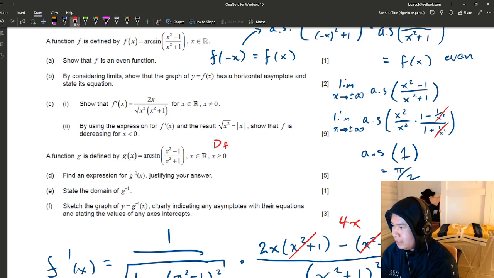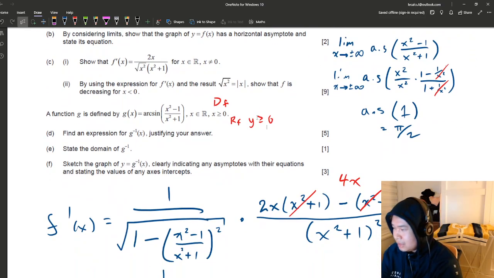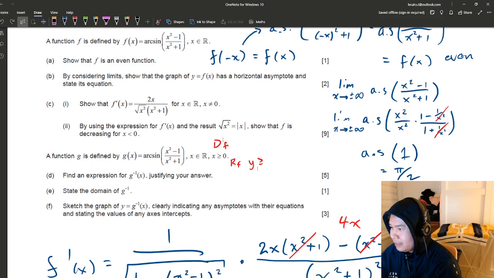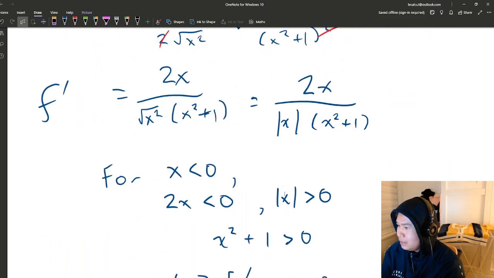Domain of f, which means that the range of f is going to be positive numbers, because the range of f, this isn't even f. Hold on, okay. This is the domain of g, which means that the range of g inverse is this, y is greater than or equal to 0, otherwise it's positive.